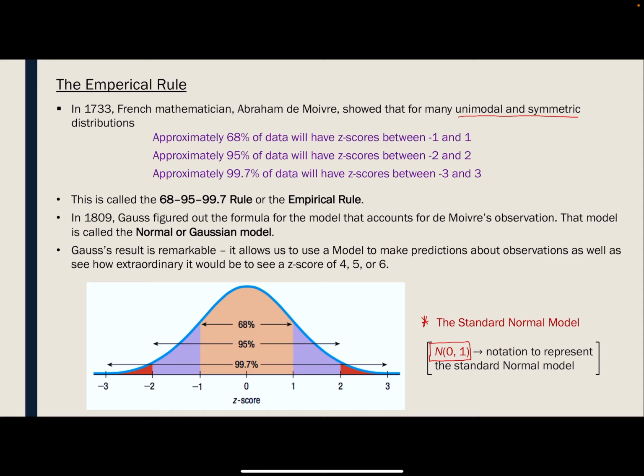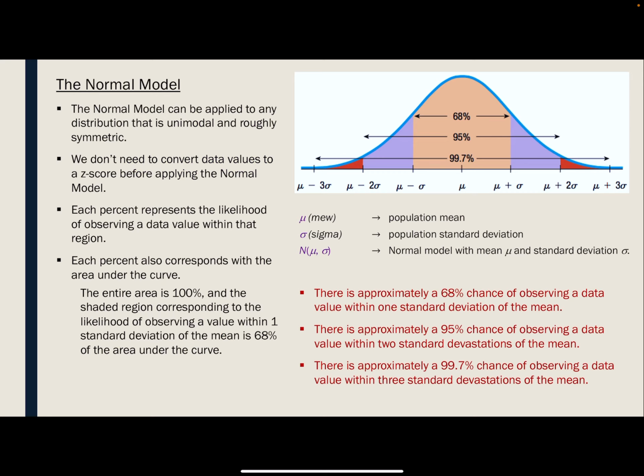We don't have to talk about the normal model in terms of z-scores. We can apply the normal model to any distribution that is unimodal and roughly symmetric. And I want to emphasize right here that you do not need to convert data values to z-scores in order to use the normal model.